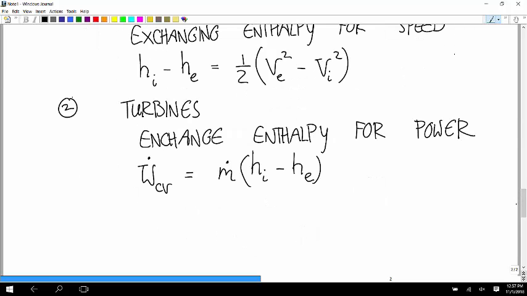Positive, because that's what it takes for the control volume to do work on the surroundings. That's what a turbine does. And so W dot CV is positive, and the enthalpy at the inlet is greater than the enthalpy at the exit.